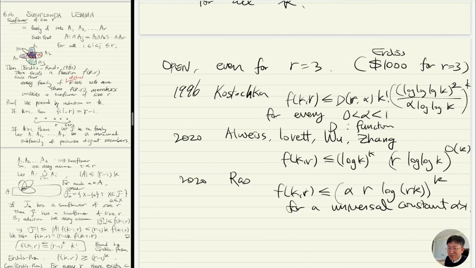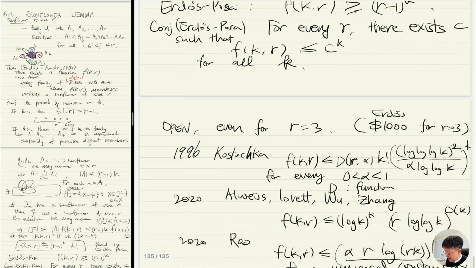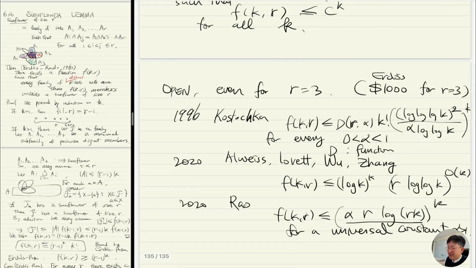And his proof uses some theorem from information theory. But still, this is not a constant. It's a lot better than the previous bound, but still the conjecture is still open.